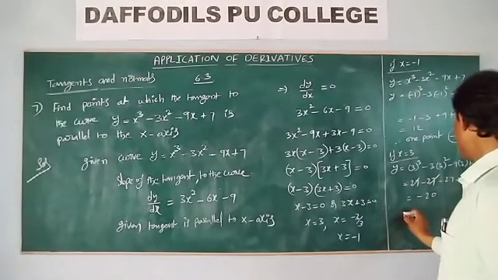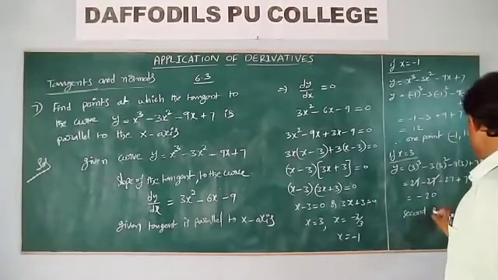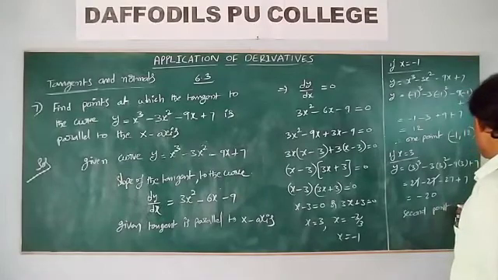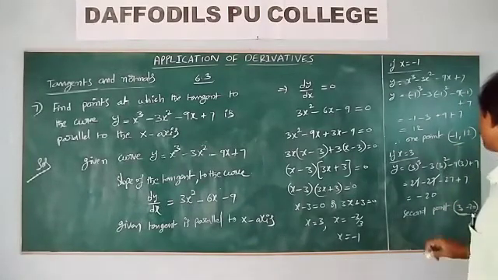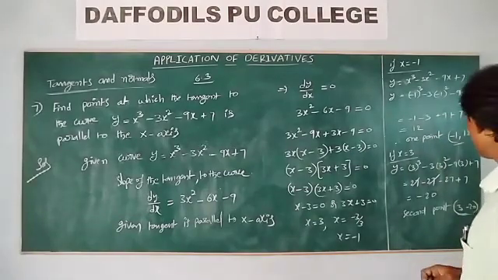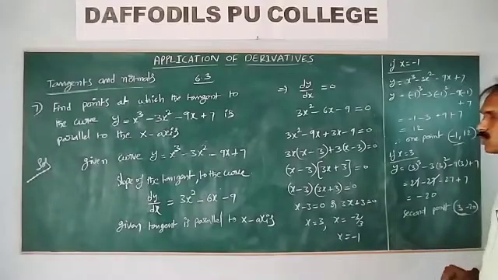Therefore, second point is 3 comma minus 20. One point is minus 1 comma 12. Second point is 3 comma minus 20.